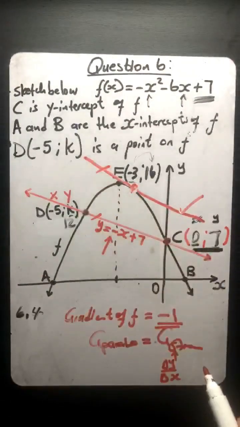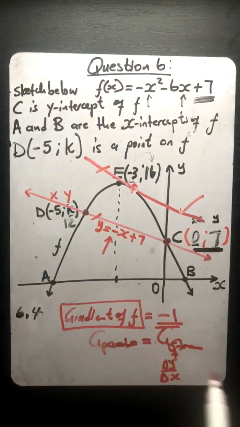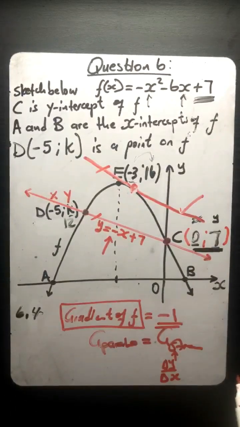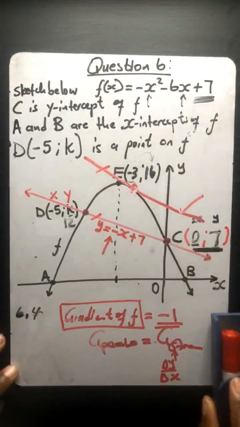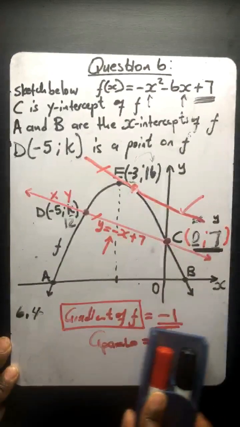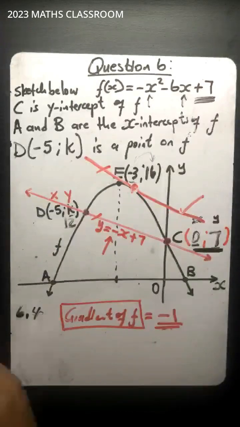They've got equal gradients. So what you now need to do is find the gradient of f at that point. Now, how do you determine the gradient of a parabola? You differentiate.